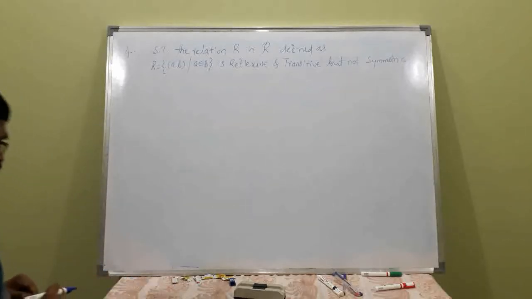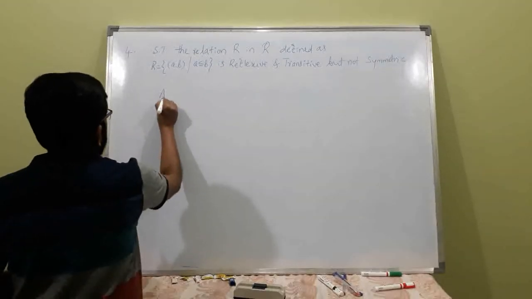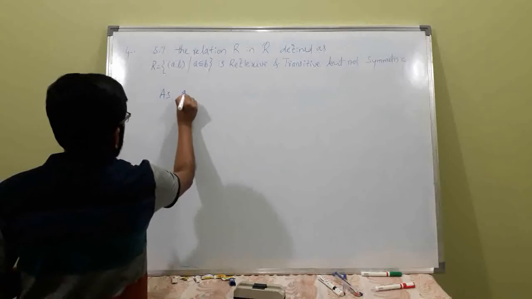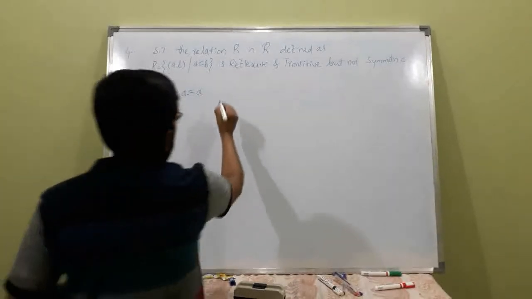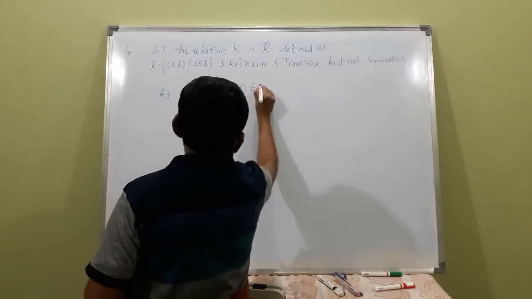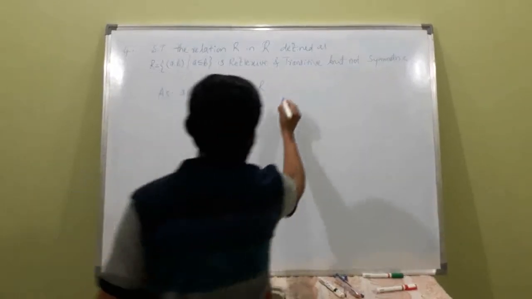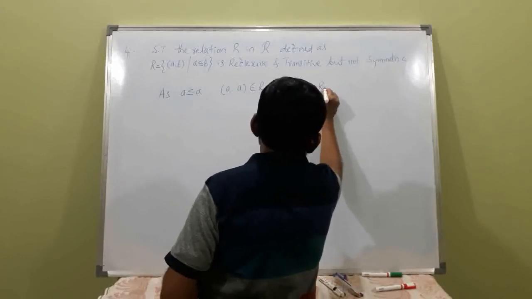Reflexive and transitive but not symmetric. Try this. As a is less than or equal to a, (a, a) belongs to R. So R is reflexive.